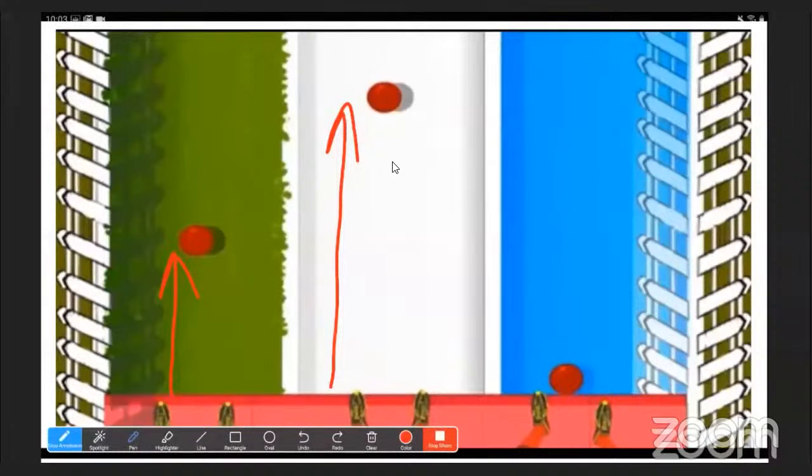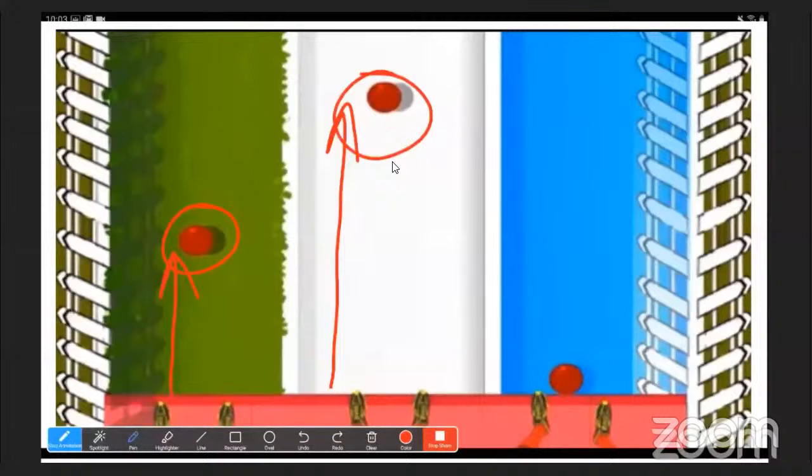So what stops this ball on surface 1 and surface 2? The ball stopped because all surfaces exert a force on an object placed on them.